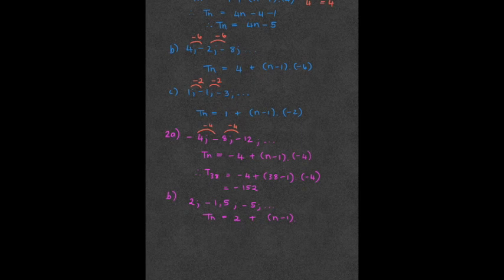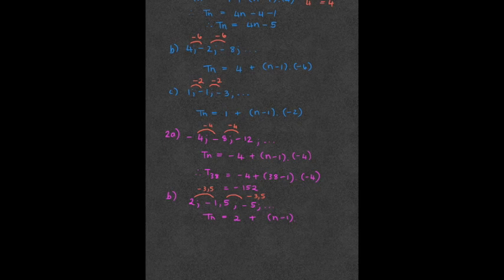Okay, well, let's see what's happening here. To get from 2 to -1.5, I must be subtracting 3.5. To get from -1.5 to -5, I must be subtracting 3.5.